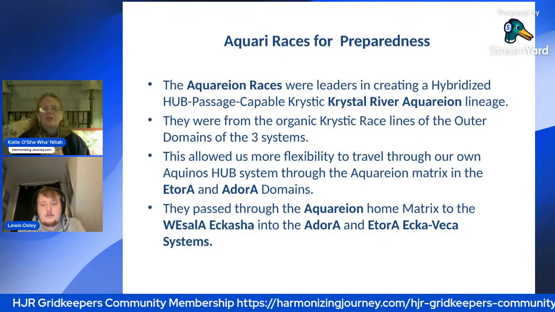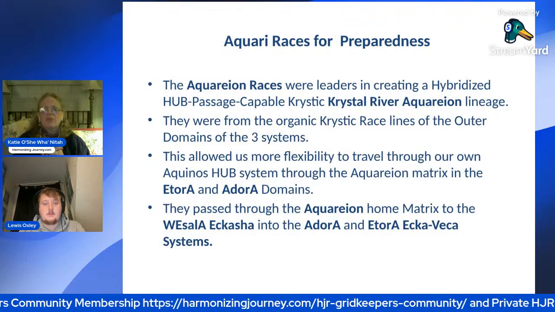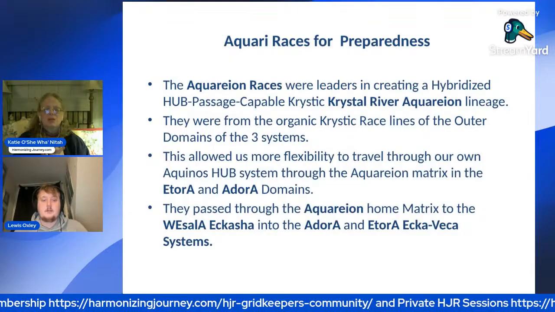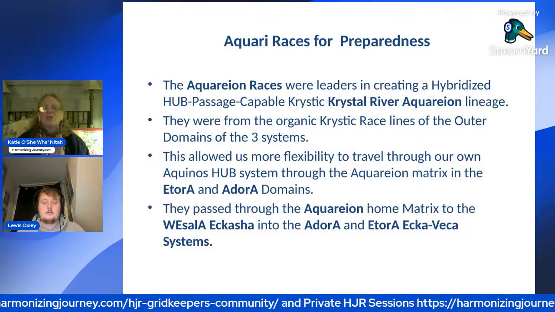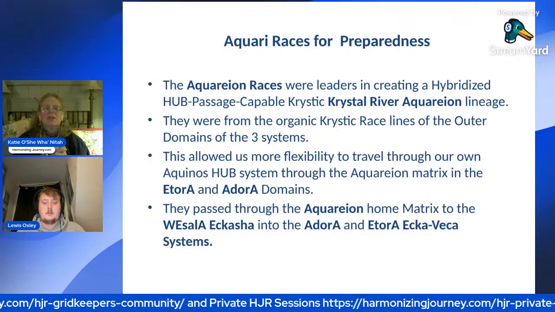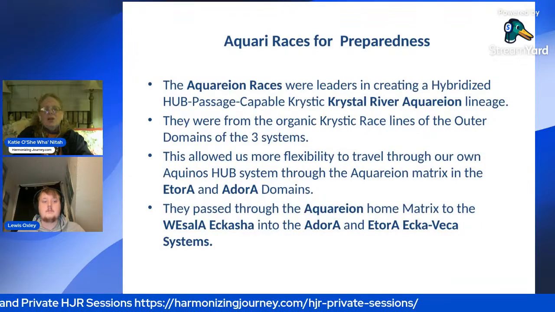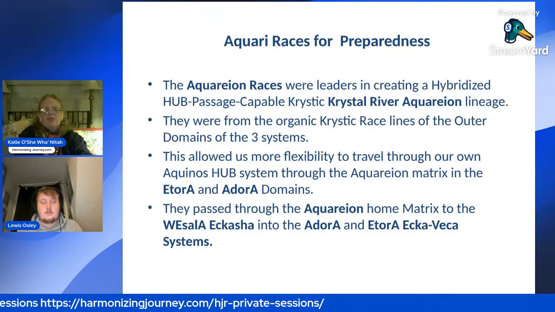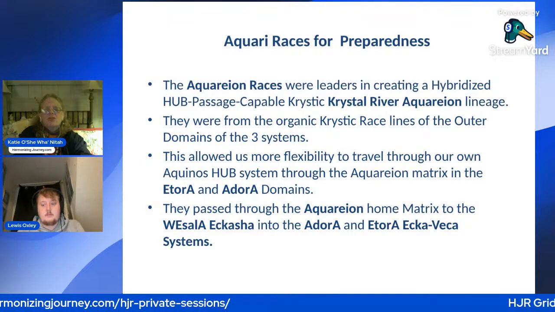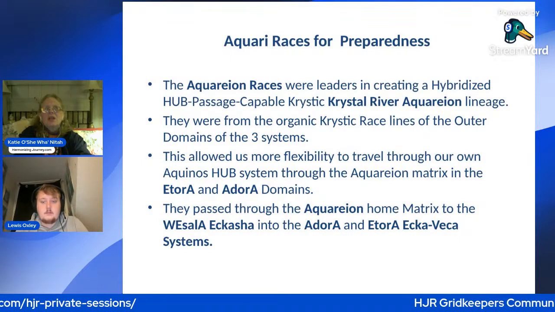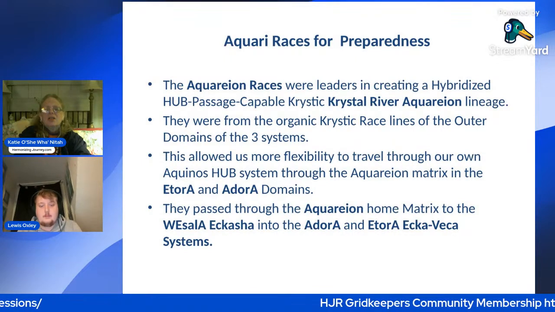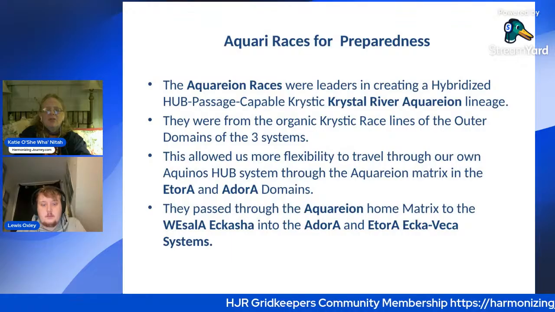This allowed us more flexibility to travel through our own Aquinas hub system through the Aquarian matrix in the Itori and Adori domains, right? So the passage through the Aquarian home matrix to the Wisale Akasha into the Adori and Itori Eka Veka systems, right?